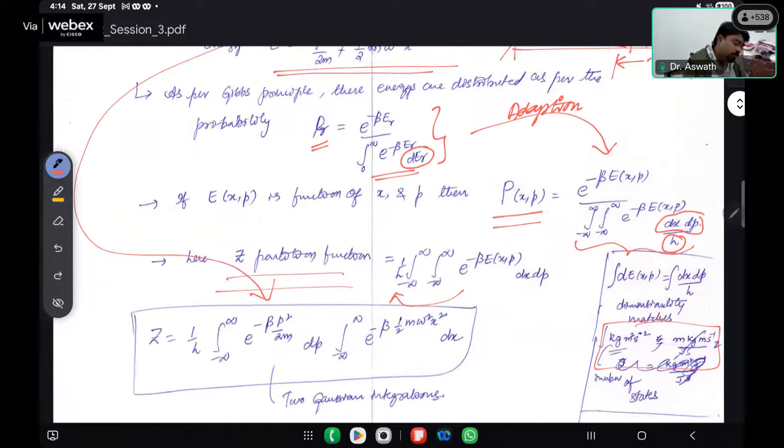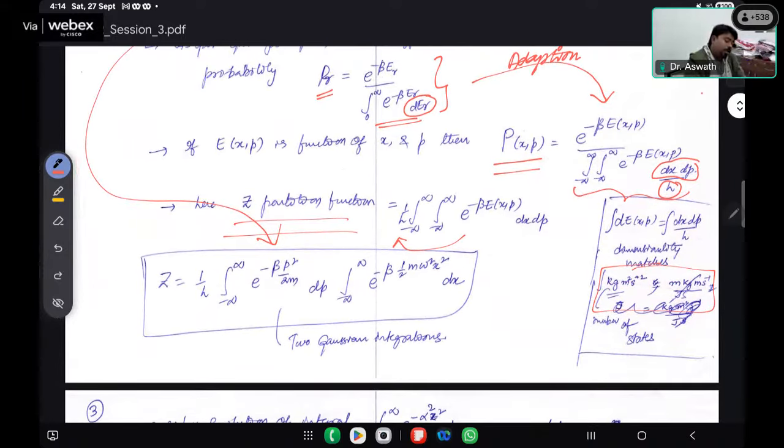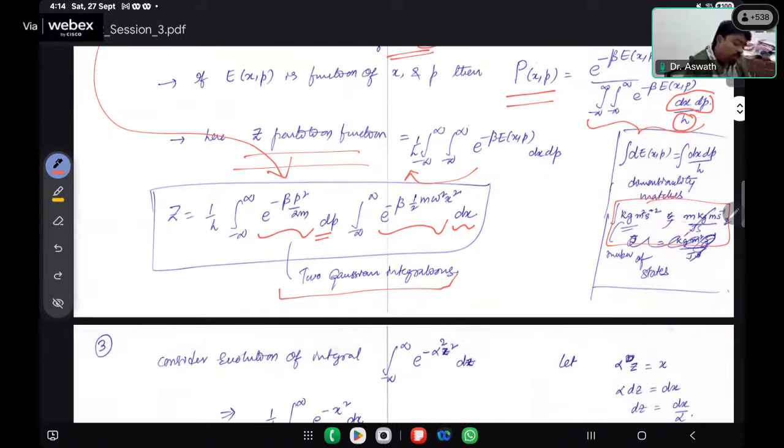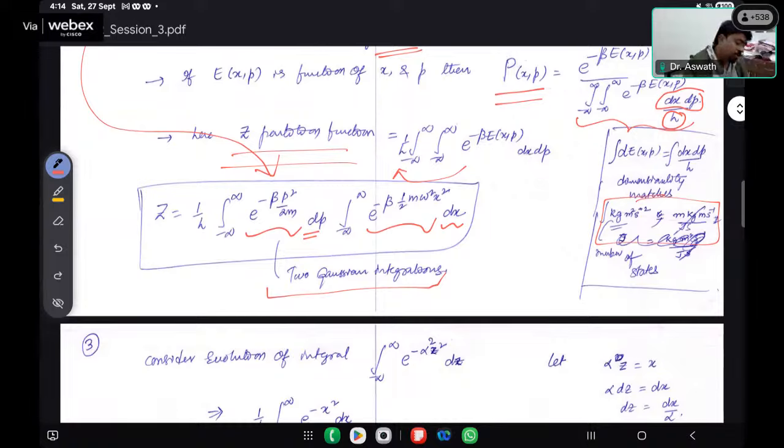When you substitute explicitly, there is a first quadratic term with the dp integrand, and a second quadratic term with x square and a dx integrand. So literally these are two Gaussian integrals. We have already seen what a Gaussian integral contributes. It's just the square root of pi divided by whatever is multiplying the quadratic term.